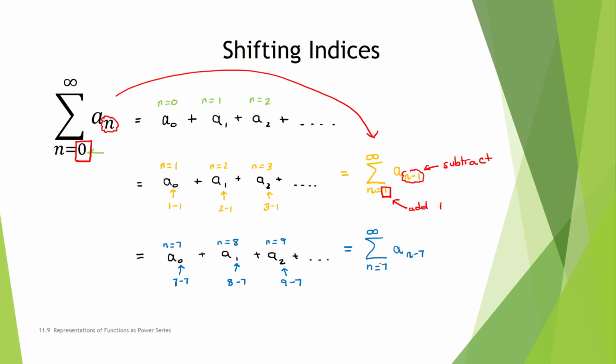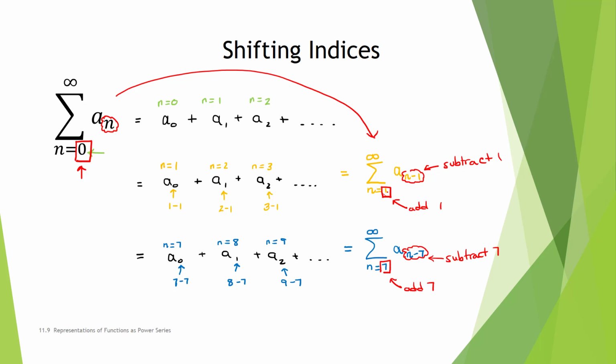What did we do to get this second version? Well, to get from 0 to 7, we add 7. And then to get from subscript n to subscript n minus 7, we subtract 7. So the whole idea is whatever you do to the number that shows up below the sigma, you do the opposite to every place you see an n in the term.